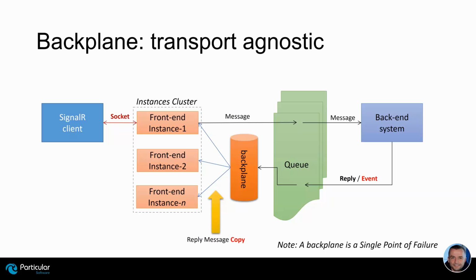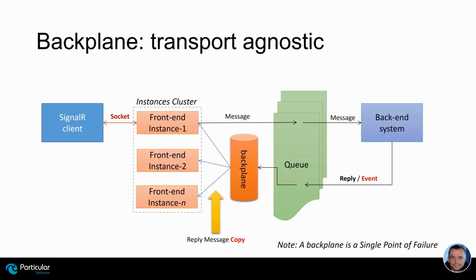Which means that in our scenario, if we introduce the backplane, the backplane would register all the instances of the cluster, and will know each and every existing instance of that cluster or the front ends. And then when we get a reply back, instead of replying directly to the front end, it will reply to the backplane, sorry.